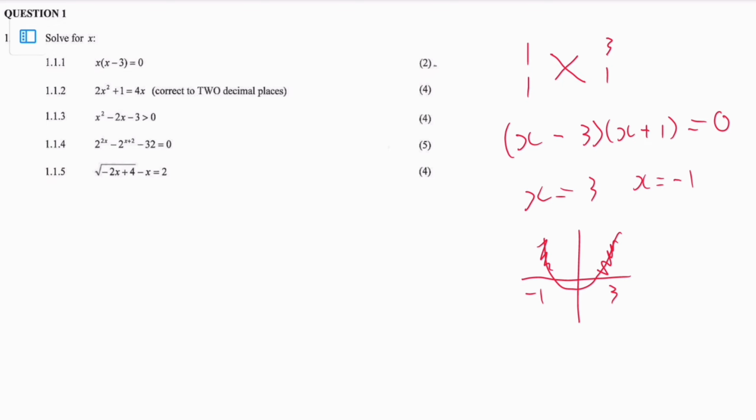So for the answer for x, we're simply going to say that x is less than -1 and x is greater than 3. Note, it's not less than or equal to, because the question says greater than 0. At -1 the equation has a value of 0, and at 3 it has a value of 0. So that's why I use greater than, not including.